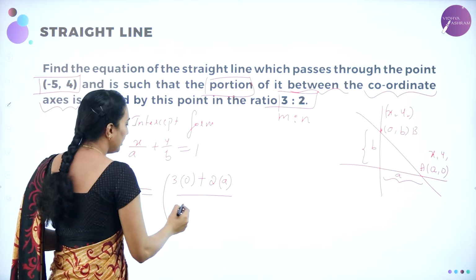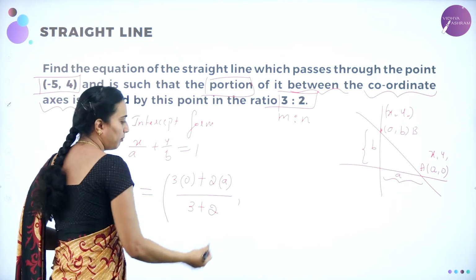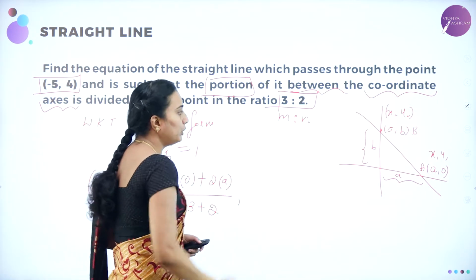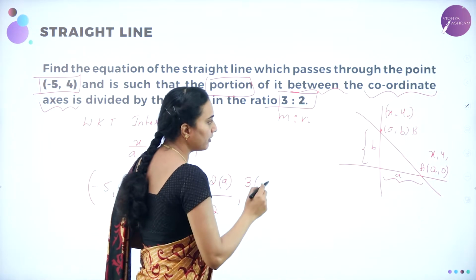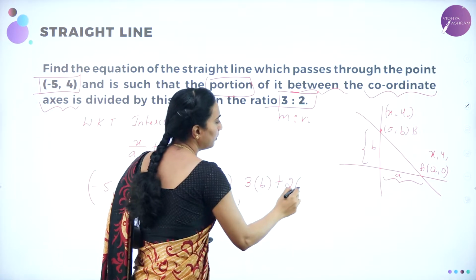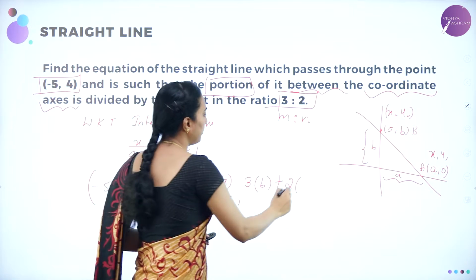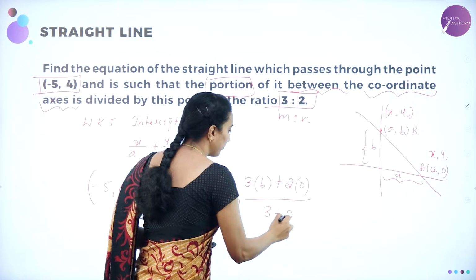What is m plus n? m plus n is given by 3 plus 2, comma. Next, m into y2, that is 3 into y2, is b, plus n into y1, that is 2 into 0, divided by m plus n, which is 3 plus 2.